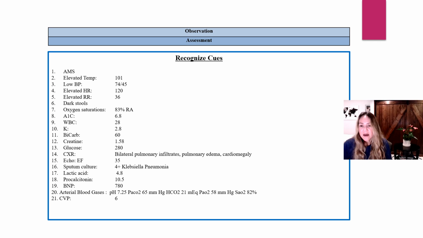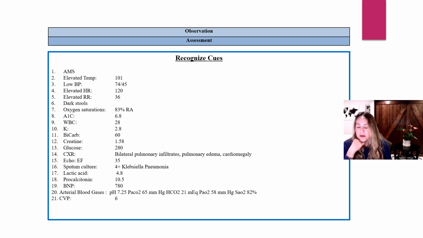The next topic that we're going to be talking about is recognizing cues. This is the next part of the new clinical reasoning, recognizing cues. What we've been talking about till now is how we recognize the cues. What are the cues? Cues are things that are telling us that something is wrong, that something is not quite right.